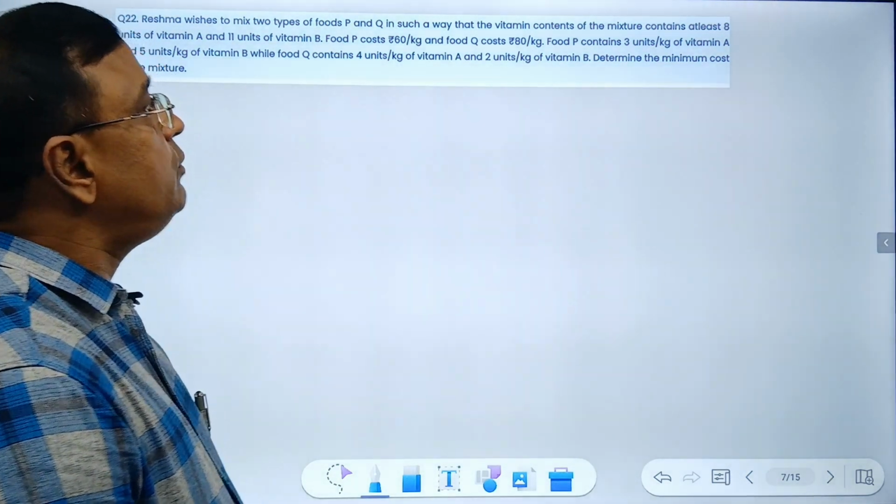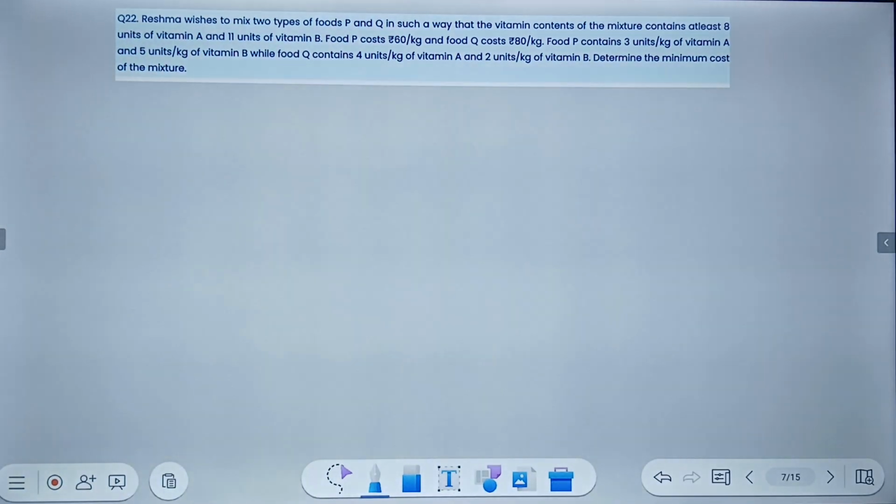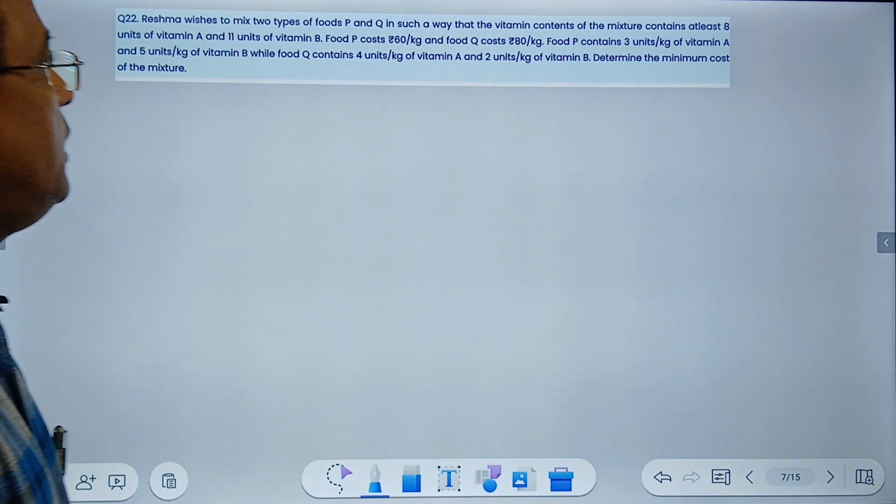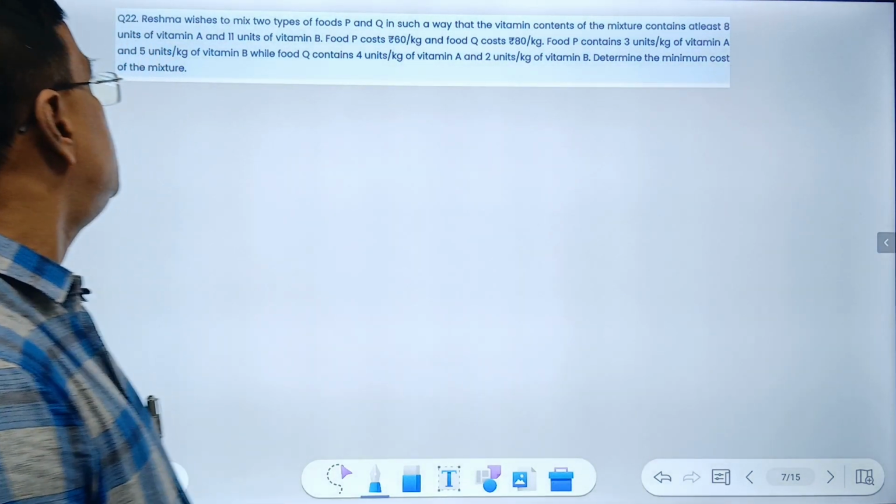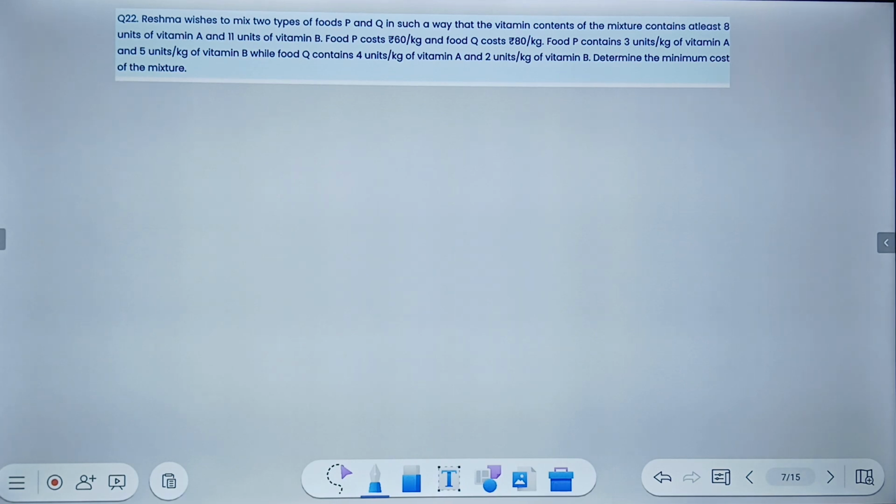P contains 3 units of vitamin A and 5 units of vitamin B, while food Q contains 4 units of vitamin A and 2 units of vitamin B. Determine the minimum cost of the mixture.